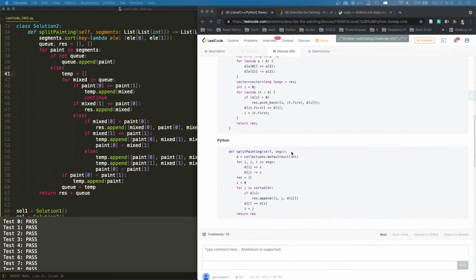D is default dict. For i, j, c in segments, di plus equal to c, dj minus equal to c. Result, i equals 0, for j in sorted D, default dict, sorted just. Oh, hold on.